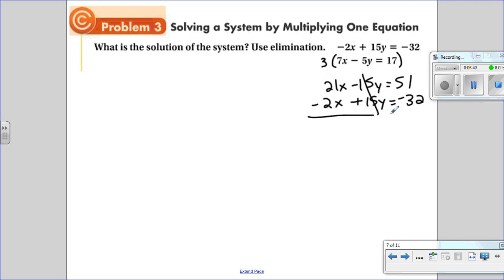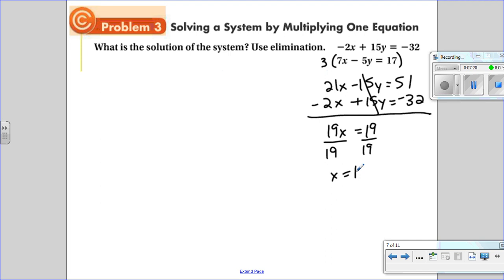Those cancel, and I am left with 21x minus 2x, which gives us 19x equals, this is 51 minus 32. Sorry, it's 19. I was counting the difference between them. And then divide by 19, and you get x equals 1. Now that's the easy way to do it, right?